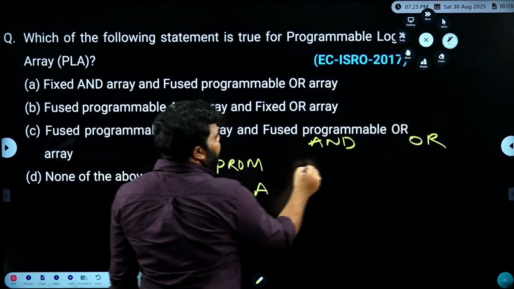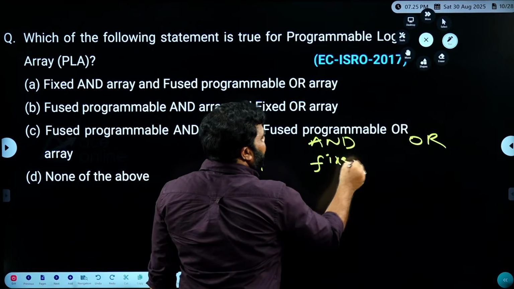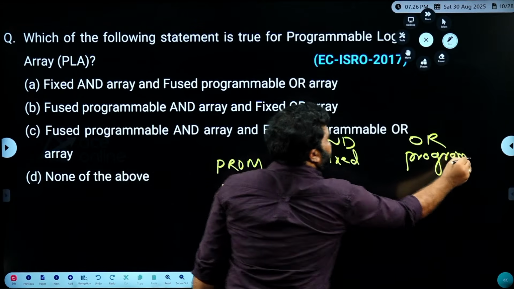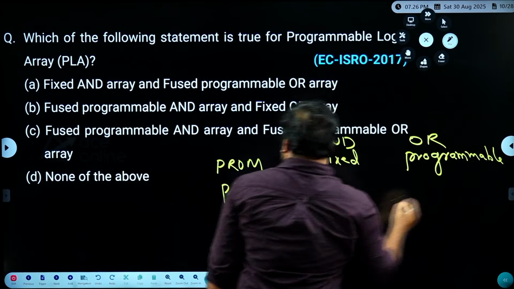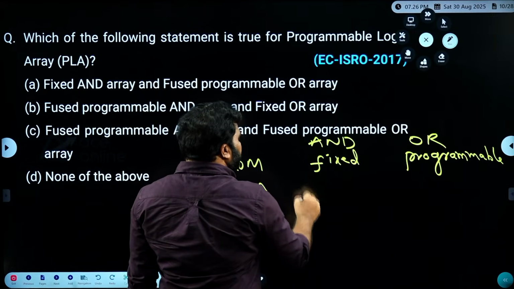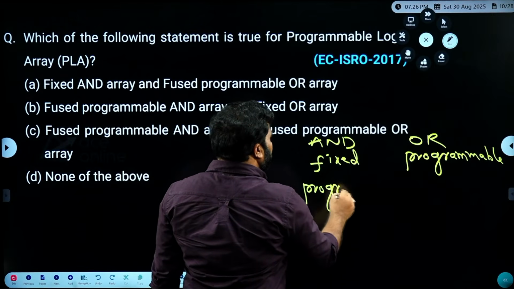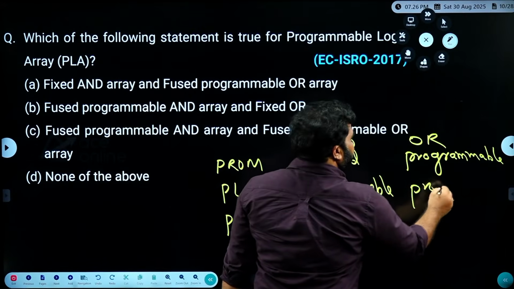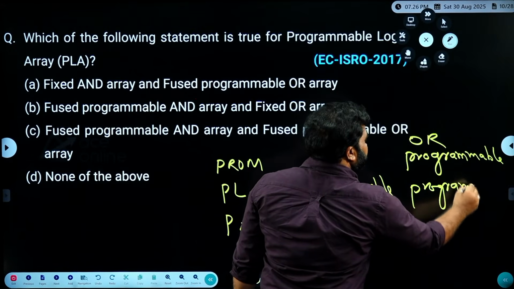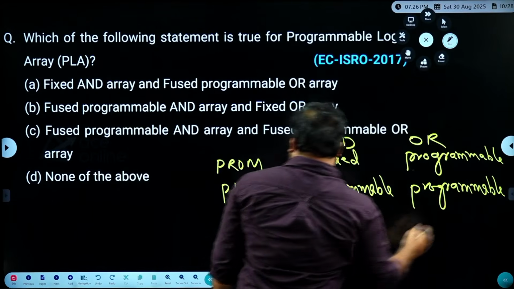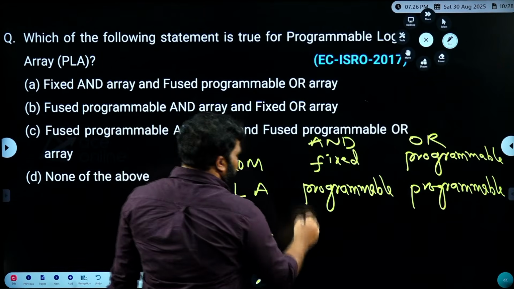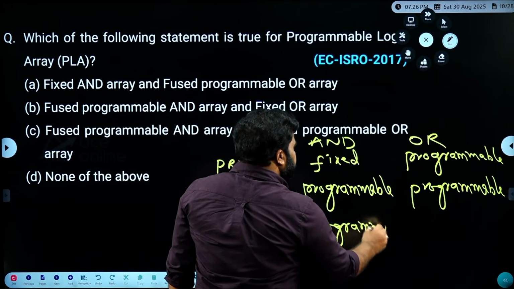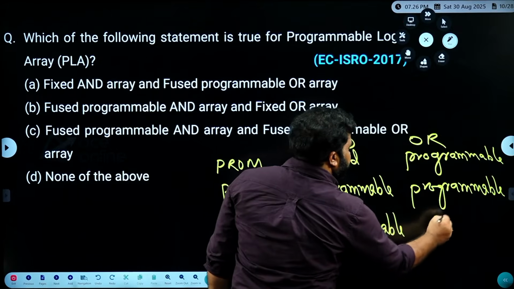In PROM, AND is fixed, OR is programmable. In PLA, AND is programmable, OR is also programmable. And in PAL, AND is programmable, OR is fixed.